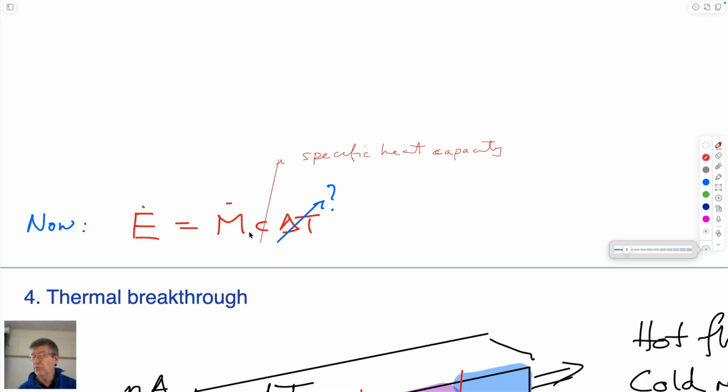It's 4,100 joules per kilogram per degree Kelvin, as you know.